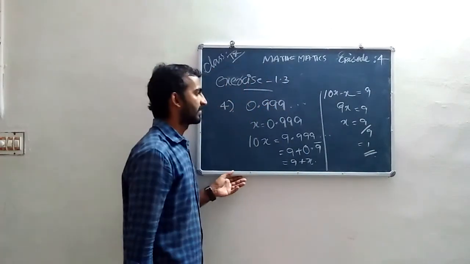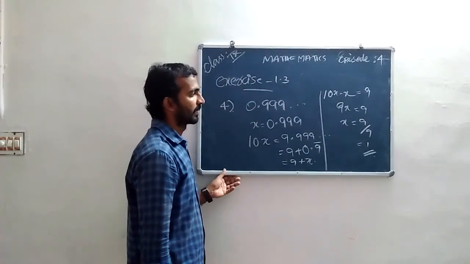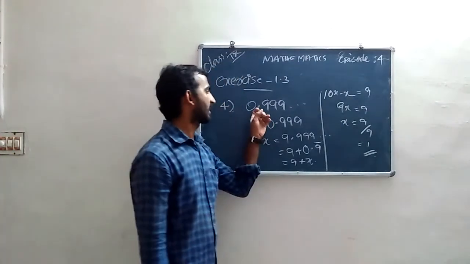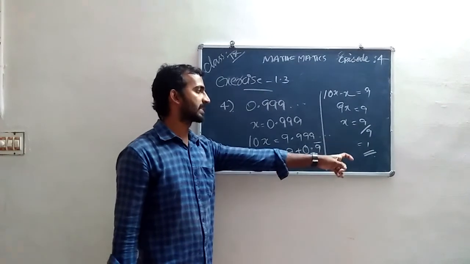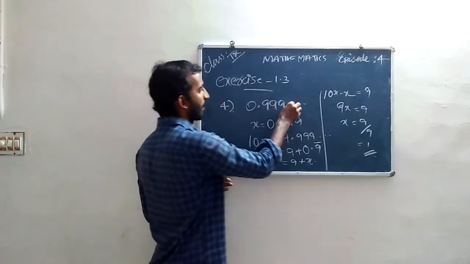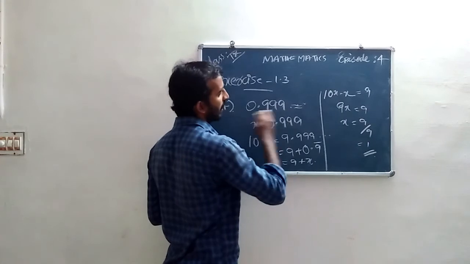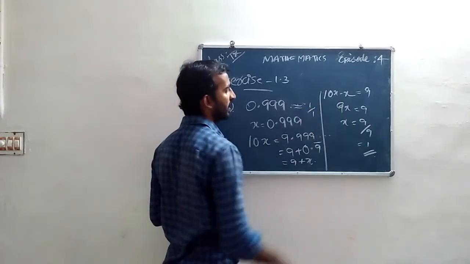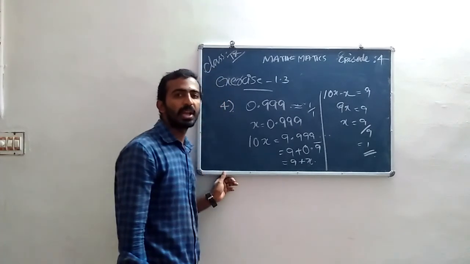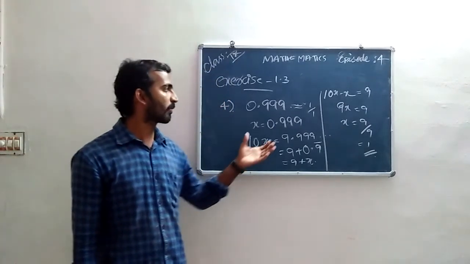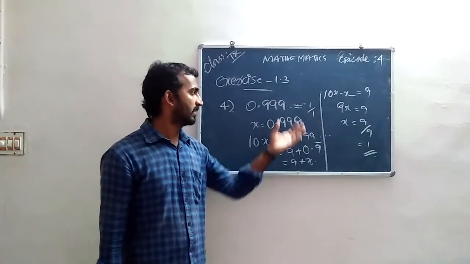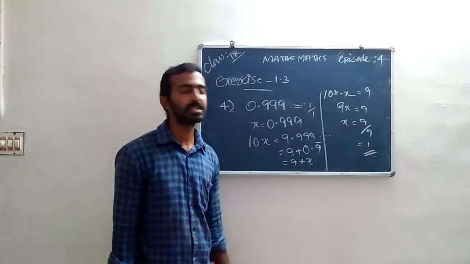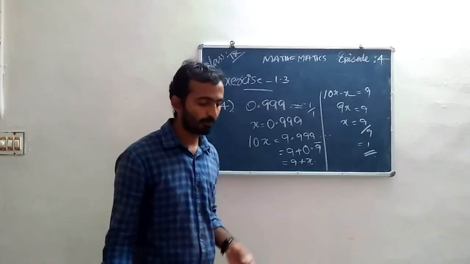Here x gets 1. Then what is the surprise? As the 9s go on to infinity, after a stage the value comes to 1. This is the answer for question number 4.